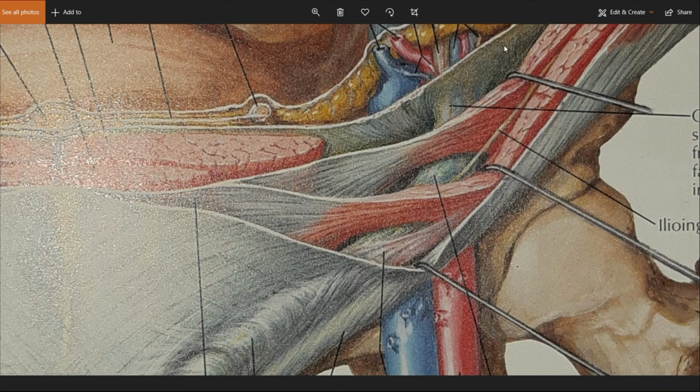So the fascia transversalis, just like the external oblique formed the anterior wall throughout the extent, also forms the posterior wall throughout the extent of the inguinal canal. Now, behind the fascia transversalis, there is extraperitoneal tissue. So obviously that is a part of the posterior wall as well. Again, throughout the extent of the inguinal canal.